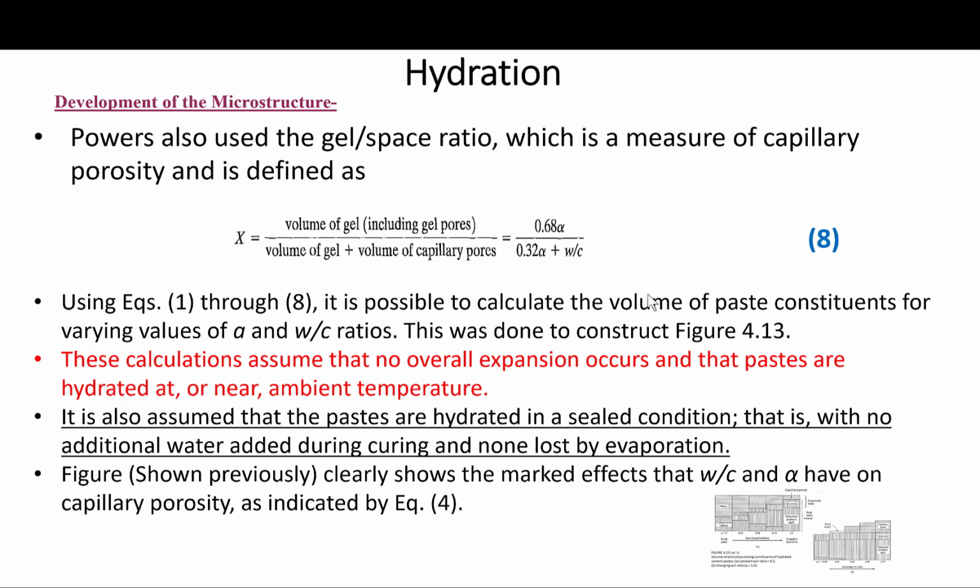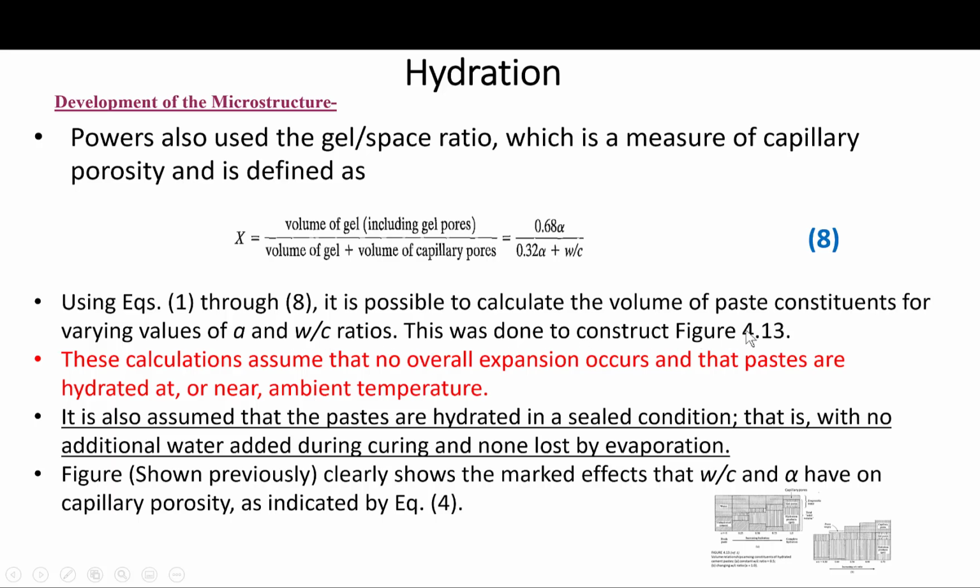This is equation number 8. So using this set of equations 1 through 8, it is possible to calculate the volume of the paste constituents for varying values of alpha, the degree of hydration, and the water cement ratios.